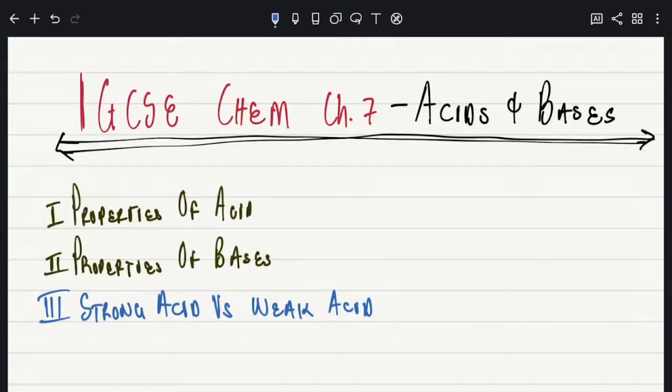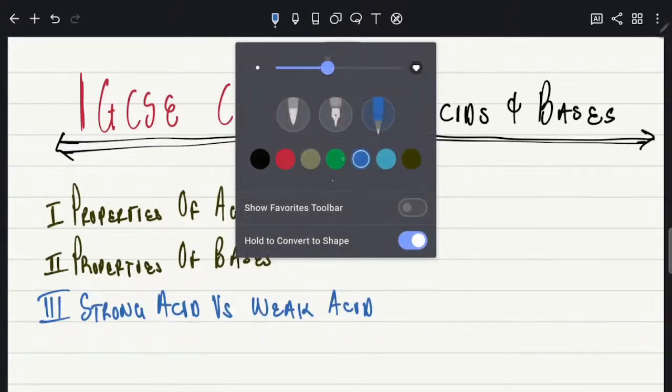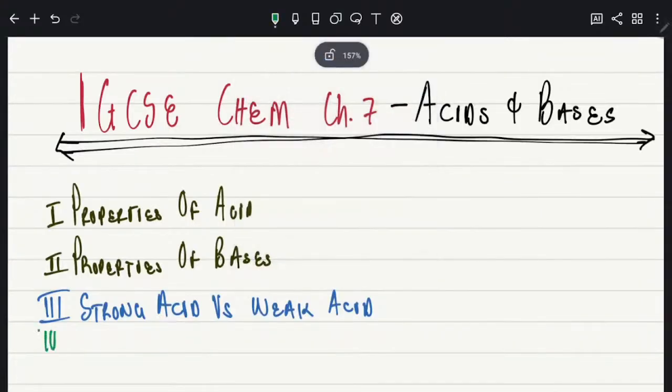We said a strong acid completely ionizes or separates in water, and a weak acid doesn't. Okay, and we saw now the difference between a concentrated acid versus dilute acid. Do you remember? Students, do you remember?